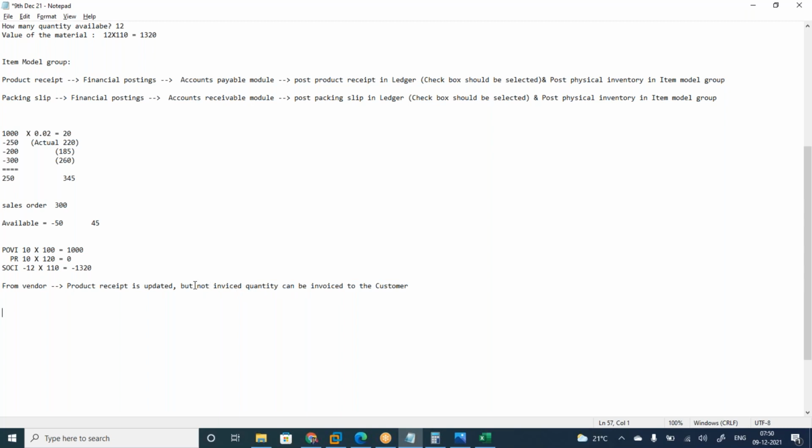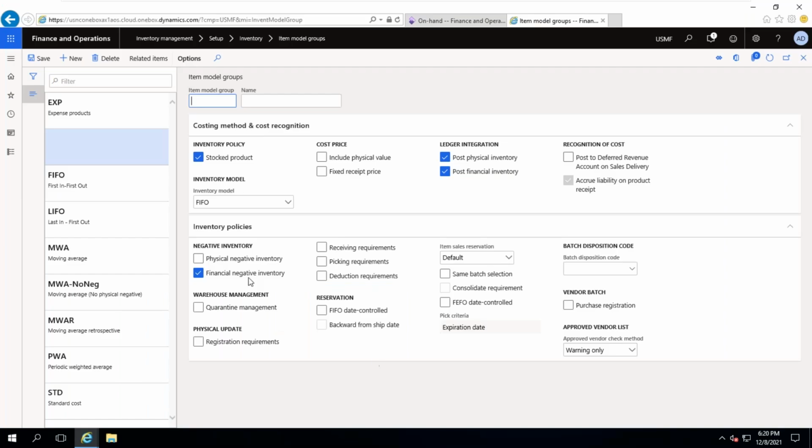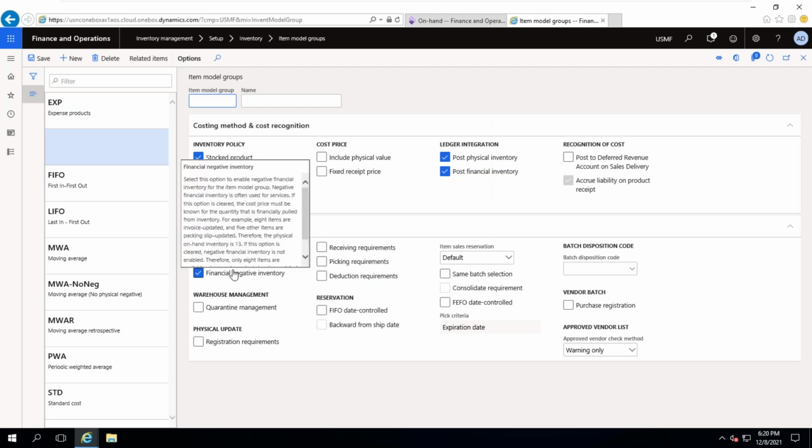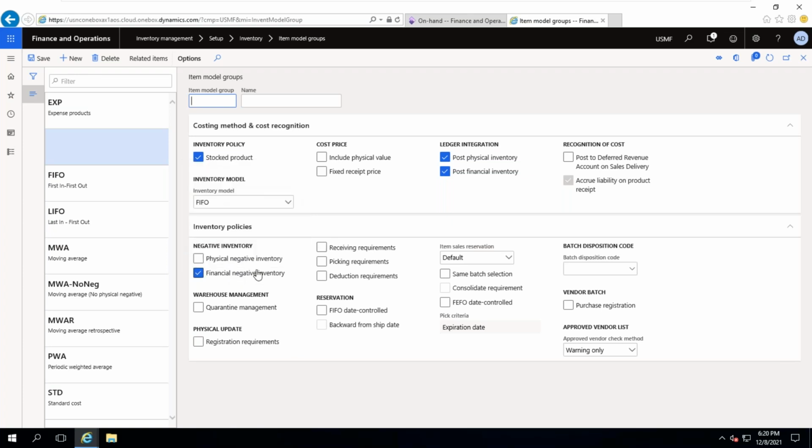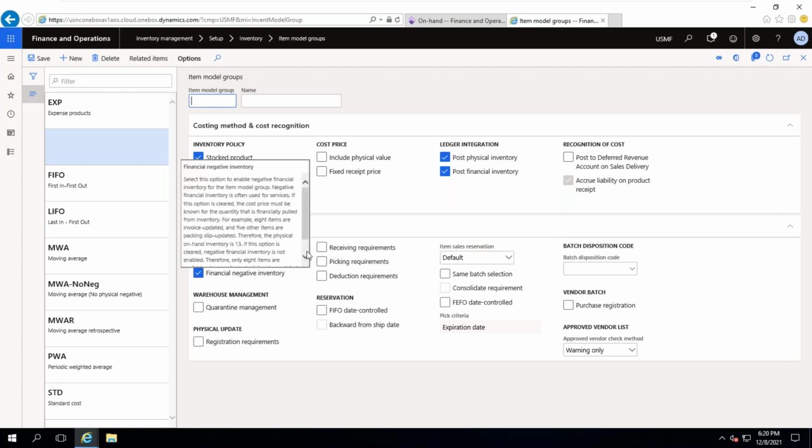That quantity also I want to invoice to the customer. If you want this, definitely we need to enable this checkbox. Otherwise, if you click on this tooltip, it will explain very clearly. A very sensitive information, but most important, each and every checkbox is important.